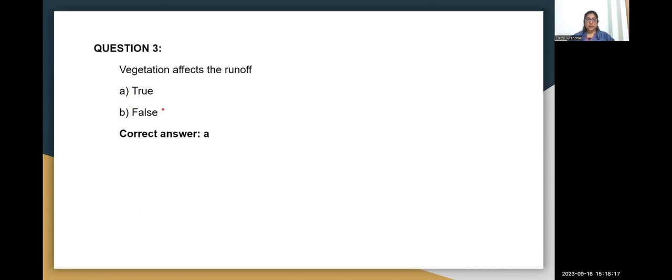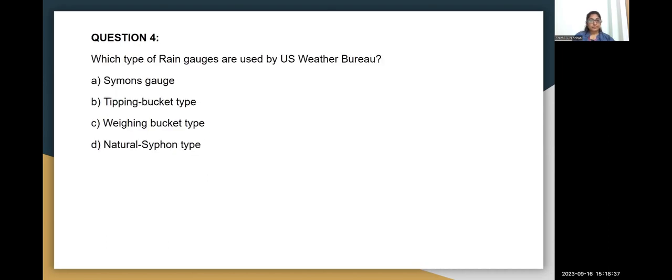We know that when runoff is happening and there are crops around that restrict the flow of the water on the surface, then obviously the runoff will be affected because of the vegetation or plants that are in the way of the water flowing. So it will affect the runoff.